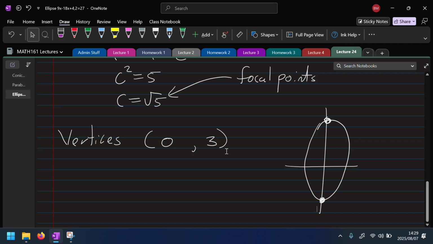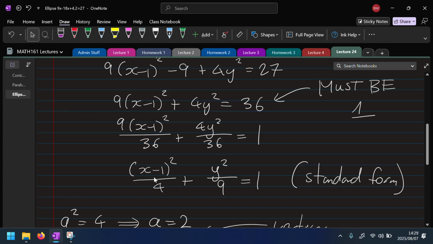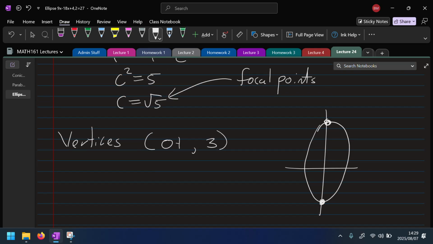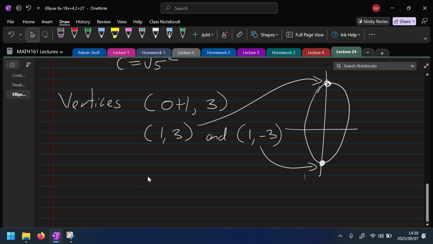But remember x being 0 here, we need to remember that this is shifted. It's shifted to the right by 1, so here we have to put a +1. So our vertices will be 1, 3 and 1, -3, for the top one and the bottom one. What about the focal points?